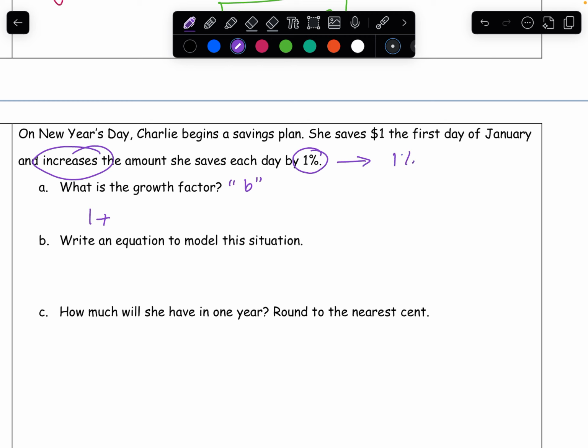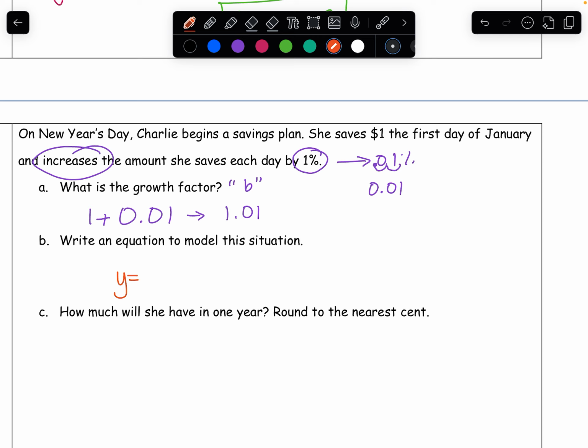We need to turn this into a decimal. So again, we move it once, twice over. And so we're going to do 1 plus 0.01. And so our B value is 1.01. Woo!